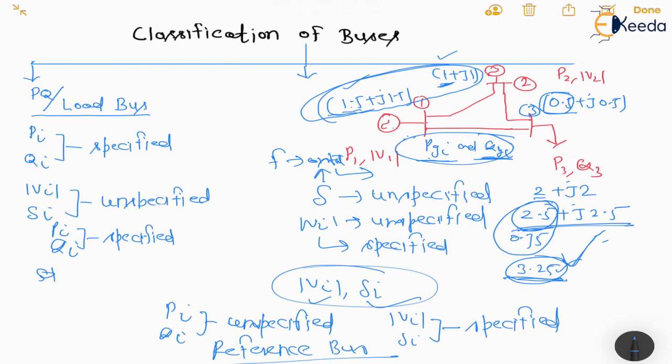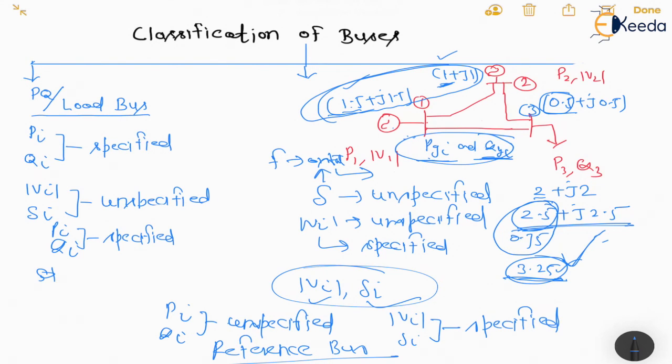This slack bus is also called as swing bus. We can see here that to make Vi and del I specified, Pi and Qi are variating, it means it's oscillating. So Pi and Qi are oscillating, that is why this bus is also called as swing bus. And also one more important point is that the generation level of slack bus would be maximum, means let us assume we have 10 generator buses.